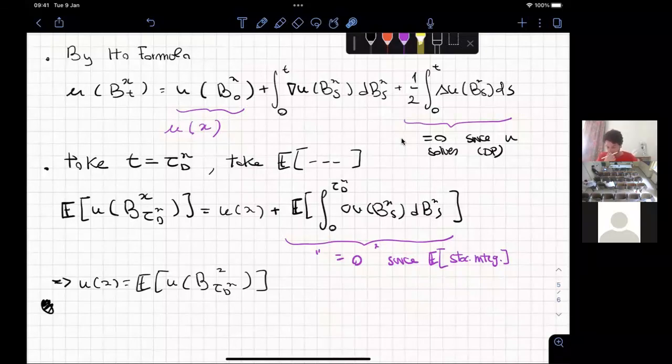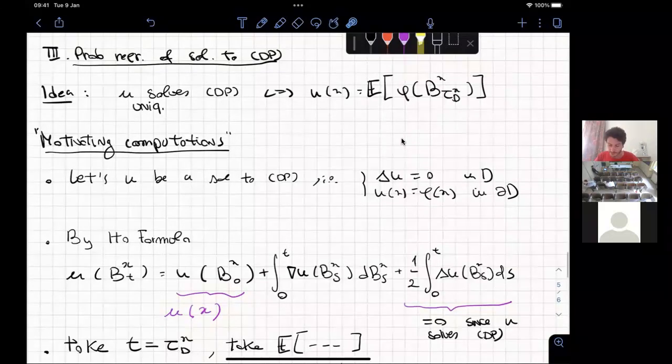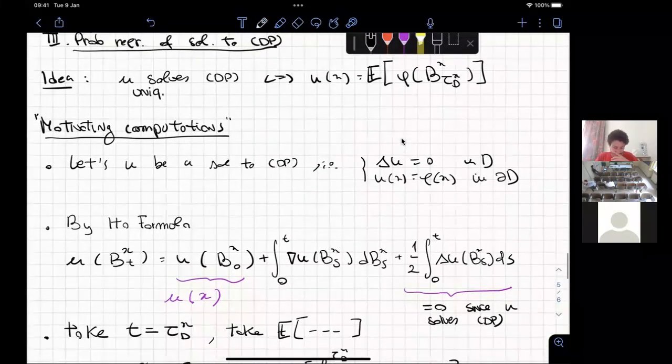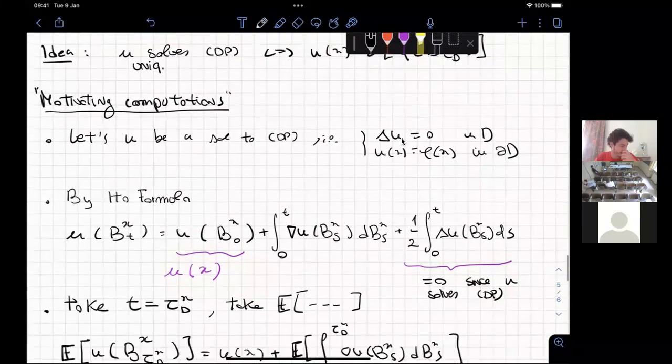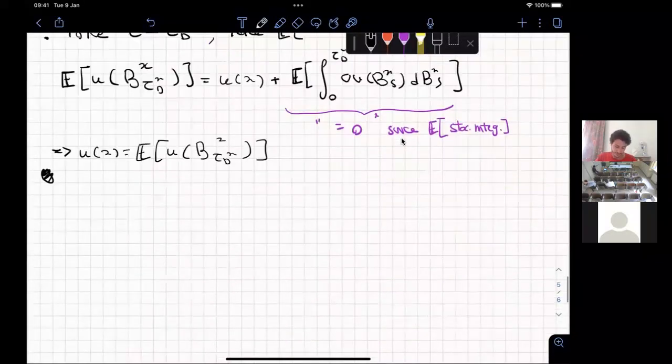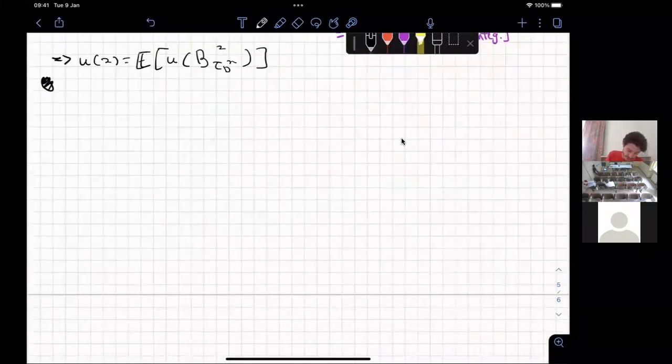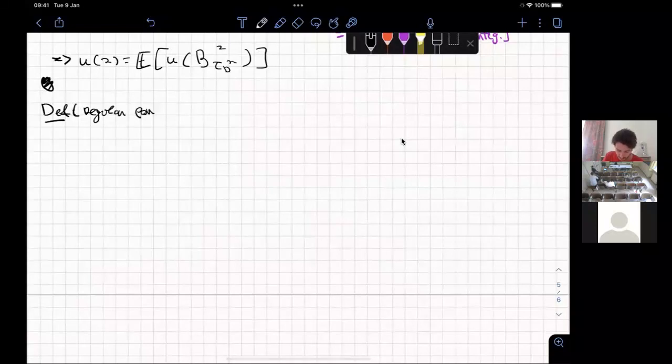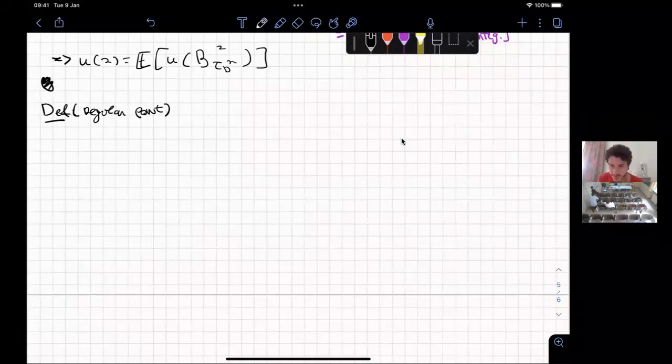Okay, so let's try to write down the proper theorem. Here we need a definition before, which is regular point. This is related to the Poincare cone condition that Francesco presented last time, but I don't want to go into that.